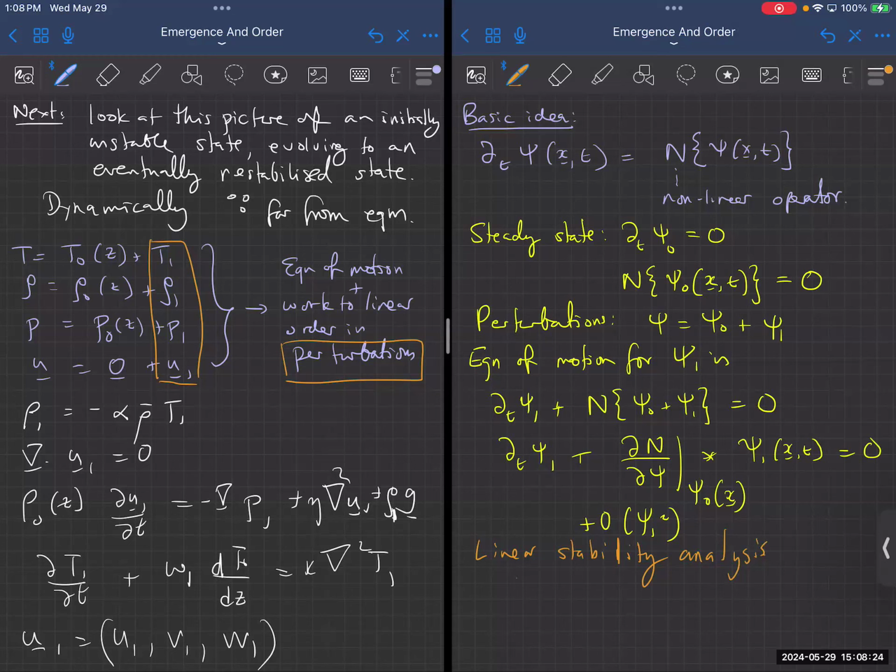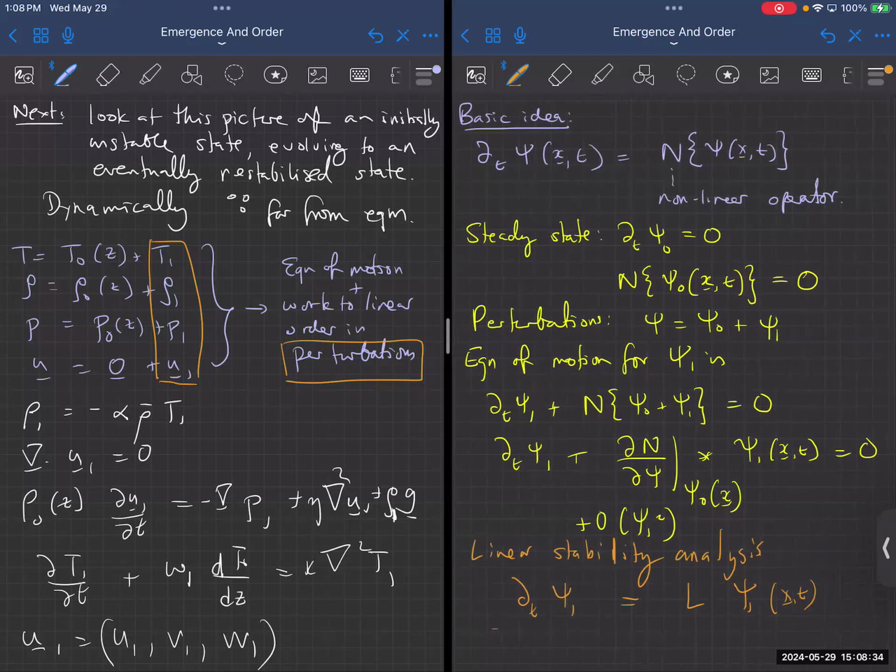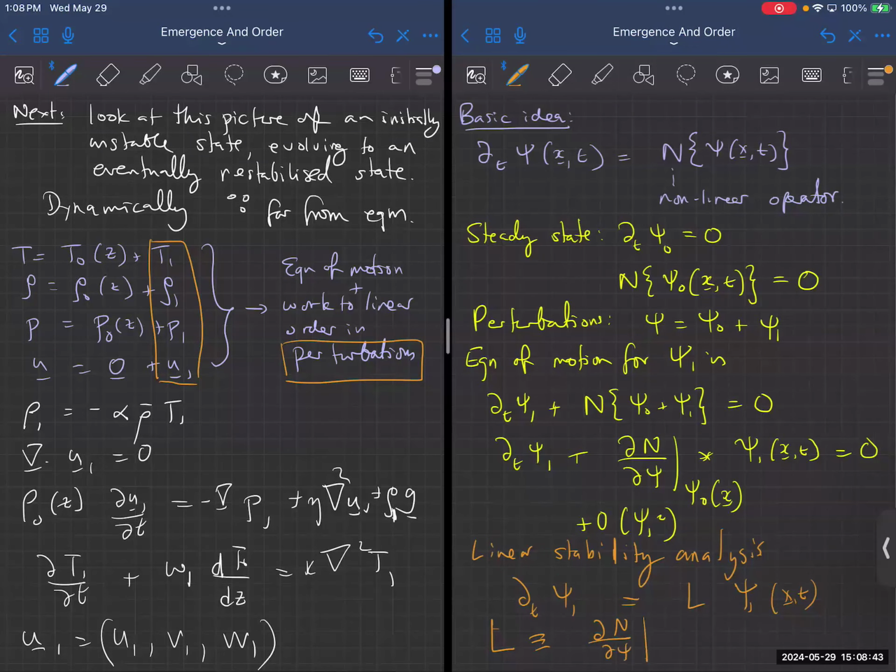So from the point of view of a linear stability analysis, I have the equation d psi 1 by dt is equal to L psi 1 of x and t, where L is defined to be dN by d psi evaluated at psi naught of x.